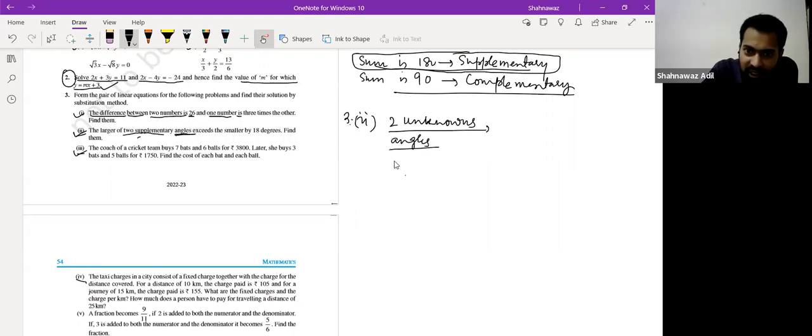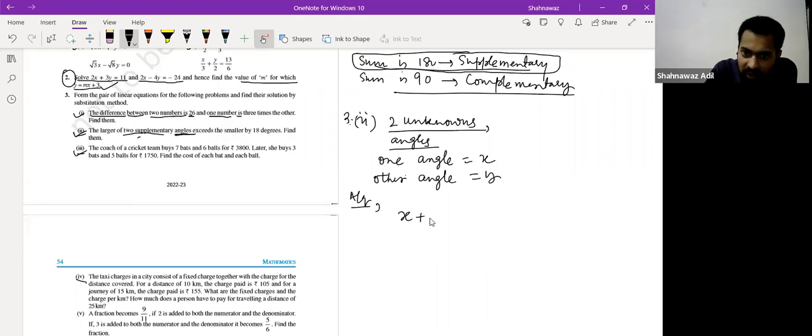So let's say one angle is x and the other angle is y. Now we know the first information: the sum of the two angles is what?